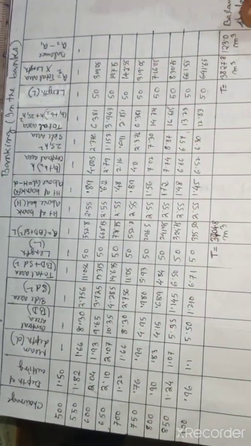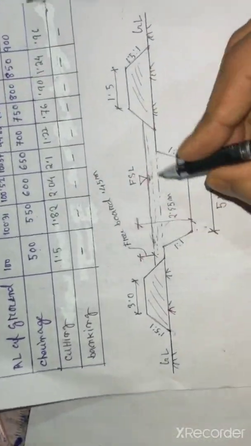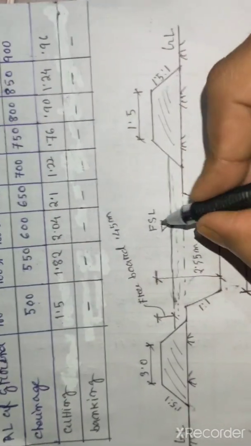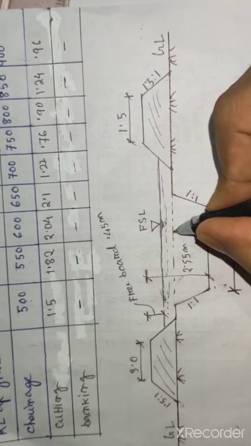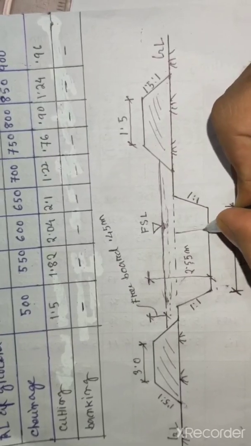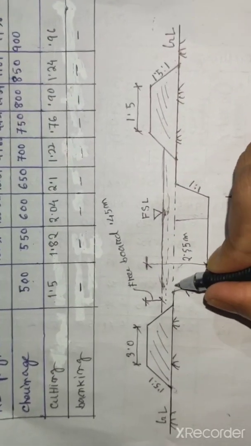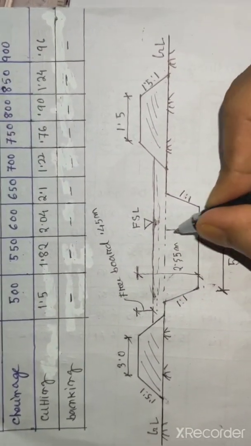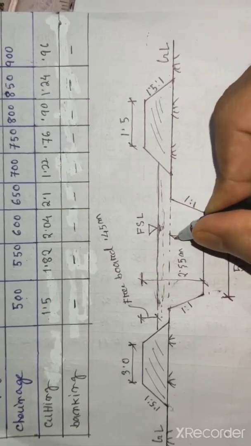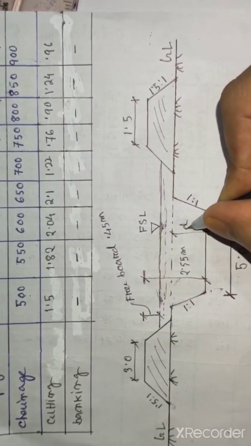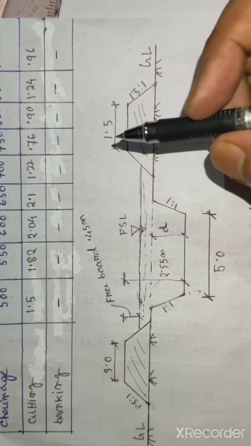So in the figure, if I have to draw D, what do you mean by D? D is equal to this much, the depth of cutting. This is D. This is the ground line. So from the ground line to the bed line, this is D. Okay.